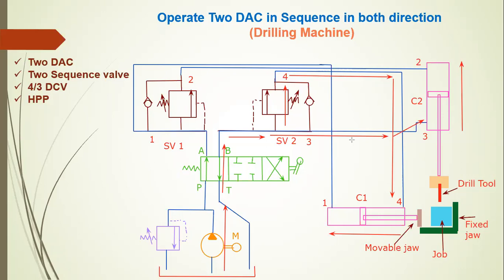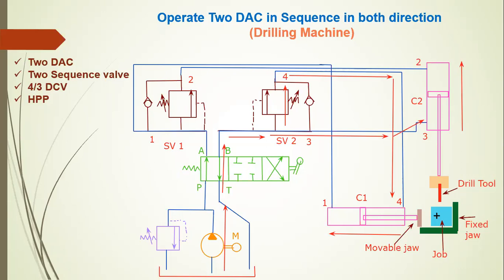It also gives free movable space, and the jaw goes in the backward direction and releases the workpiece. This piston cylinder arrangement moves to the left-hand side, or backward direction, and releases the workpiece after the completion of the drilling process.